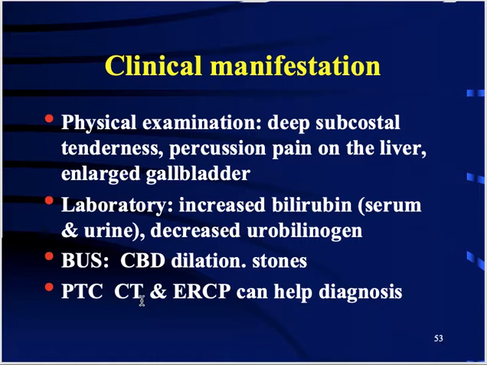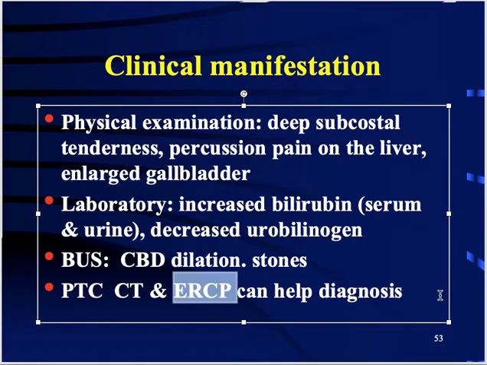MRCP, or magnetic resonance cholangiopancreatography, is highly sensitive as well as specific in catching choledocholithiasis, whereas ERCP is the gold standard test for diagnosing common bile duct stones. Okay, because ERCP is highly sensitive and specific for choledocholithiasis.